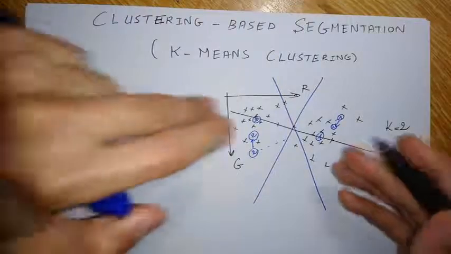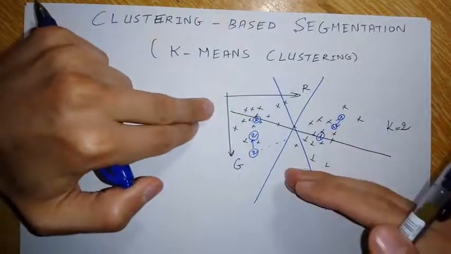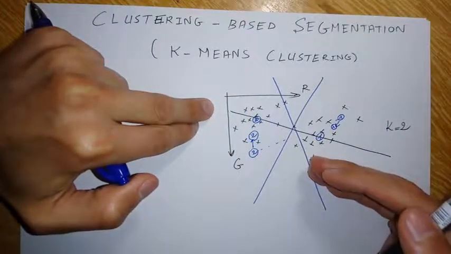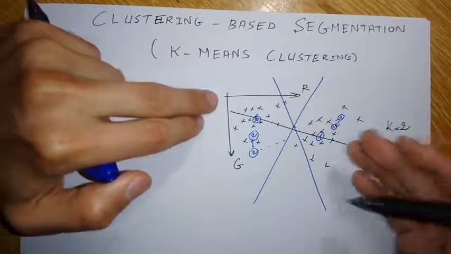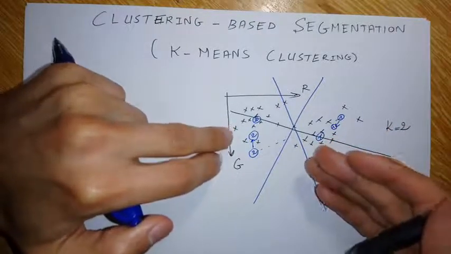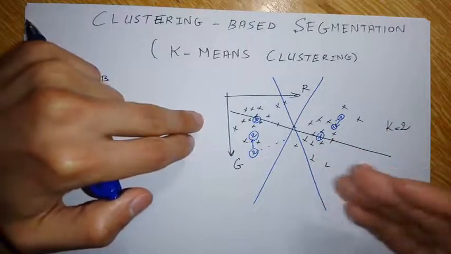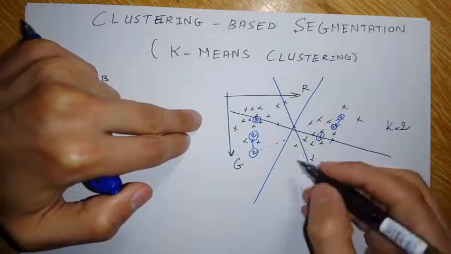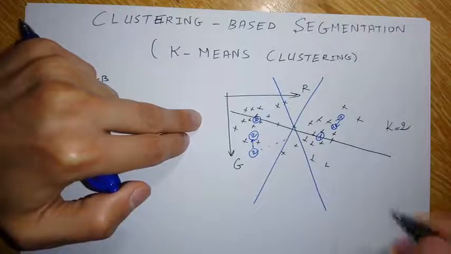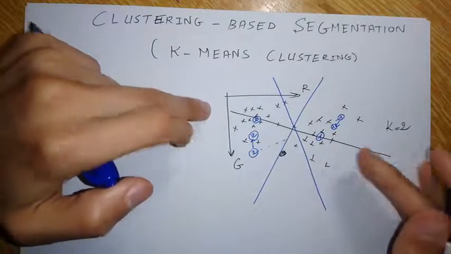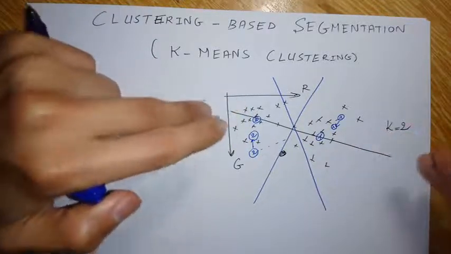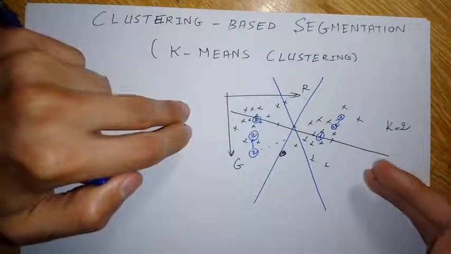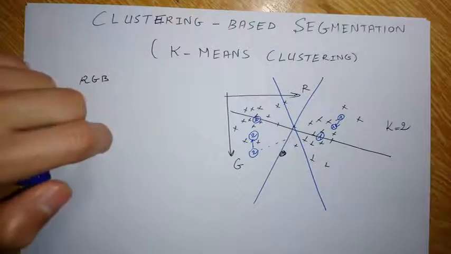Probably because the data points here are evenly distributed, the mean would not change significantly. So even if we calculate the mean of these data points here, we would always get it, for example, here. And this is wrong, obviously, because we do not get the clusters we want.